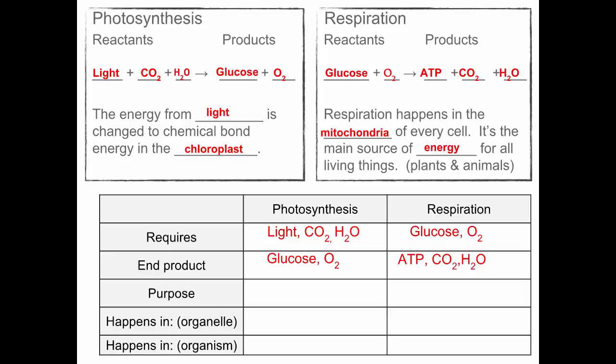What would you say is the main purpose of photosynthesis? Emma? Yeah, to produce glucose, to make food for the plant. The main purpose of respiration. Grady? To produce energy. I don't like saying make energy, but really you should say release energy.